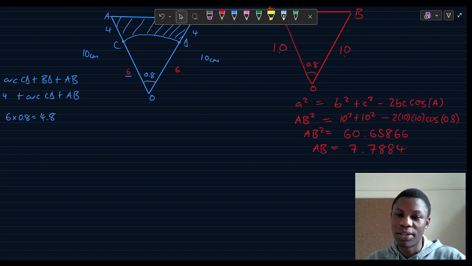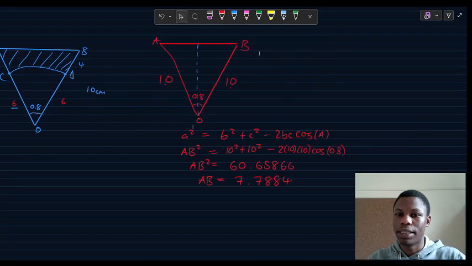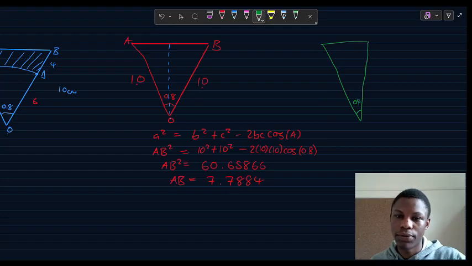This is one way in which we could find AB, but if you're like me, I struggle with remembering or recalling the cosine rule formula correctly. So instead of using the cosine rule, anytime I've got an isosceles triangle, I just split the triangle in half, right? And so if we just take half of that triangle, it means we're cutting our angle in half to 0.4, this line is still OA, and so that's 10 centimeters.